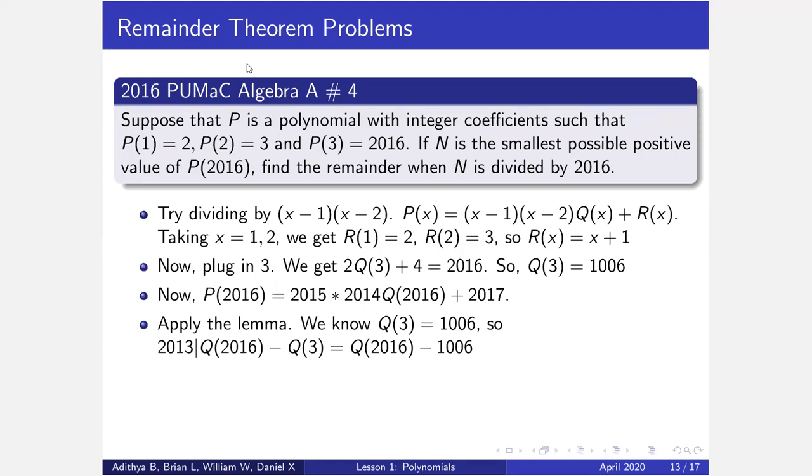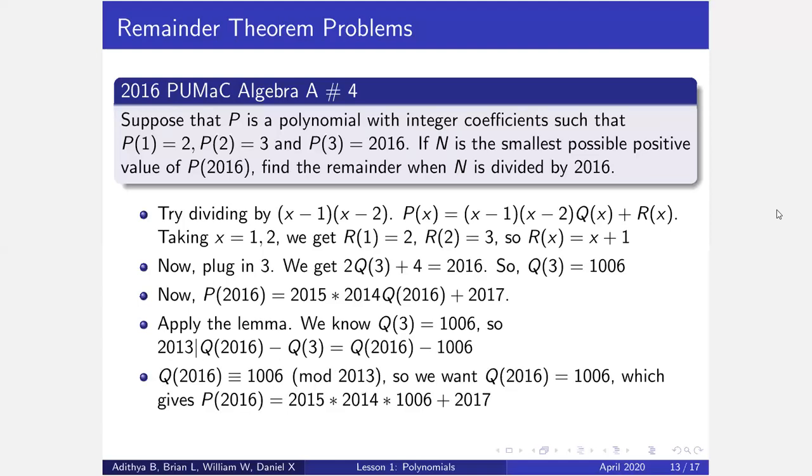So we have to have Q of 2016 equals 1006. And so now P of 2016 is 2015 times 2014 times 1006 plus 2017.